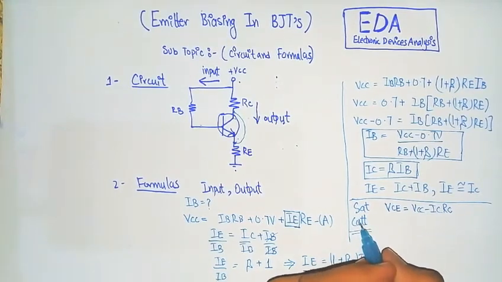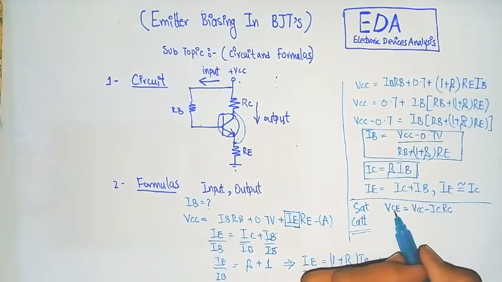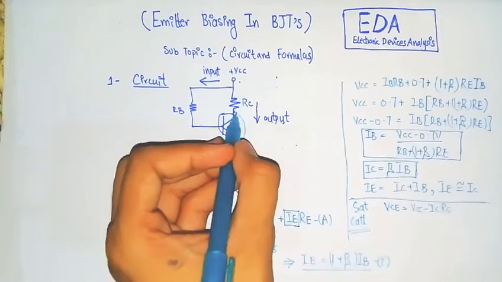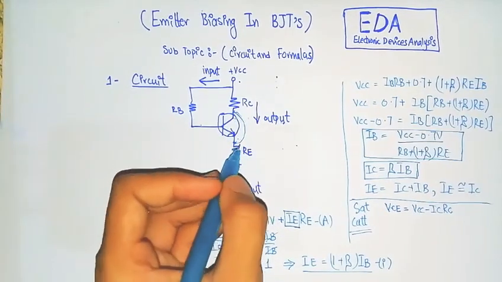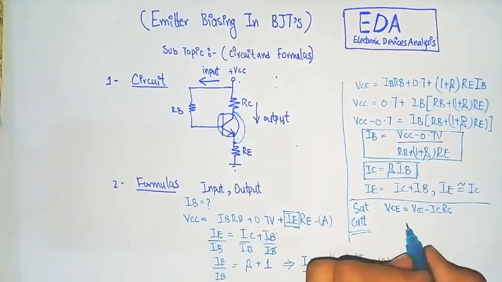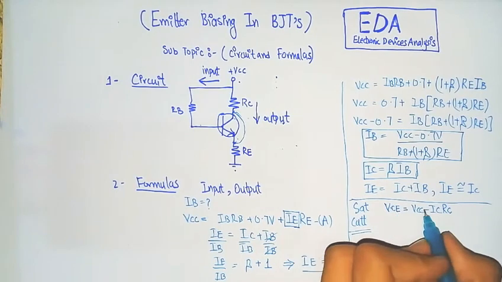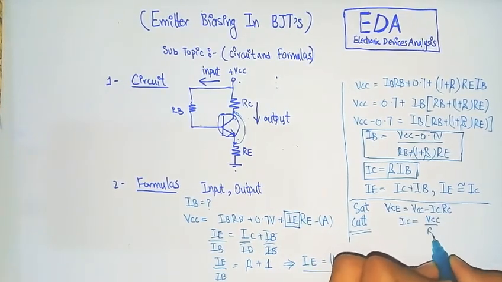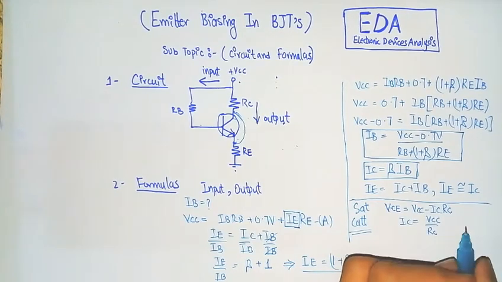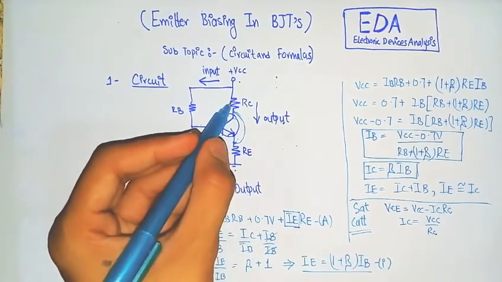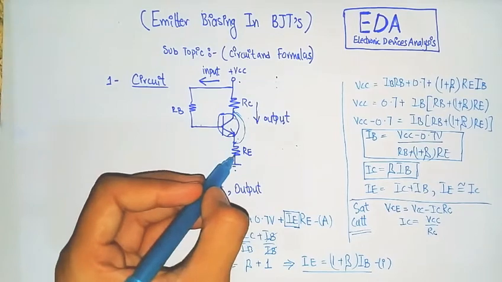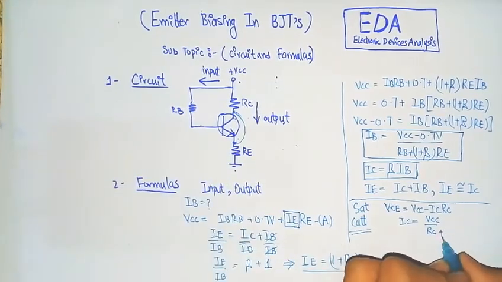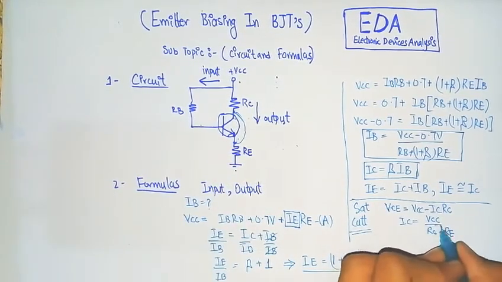In the saturation region, VCE will be equal to 0 because it is like a short circuit, so there is no resistance present. So IC will be equal to VCC over RC. This is for the fixed biasing circuit, and here two resistances will be present, so RC plus RE will be taken in the denominator.